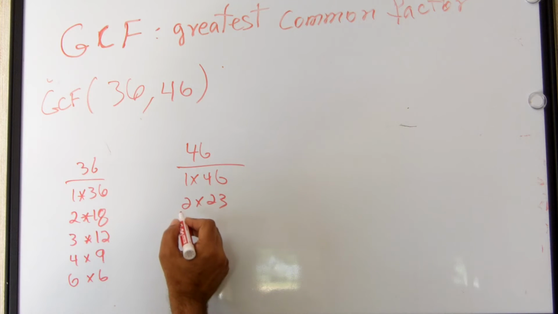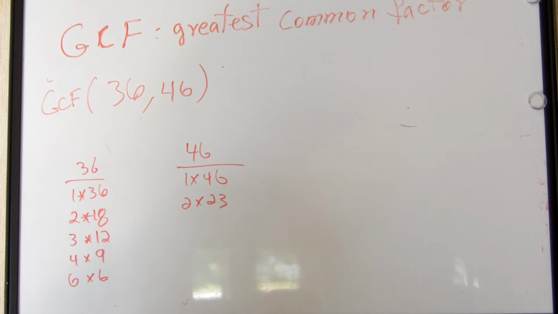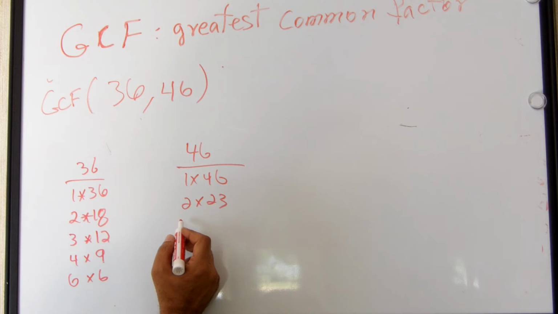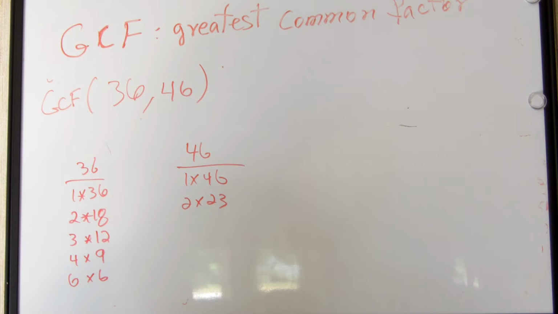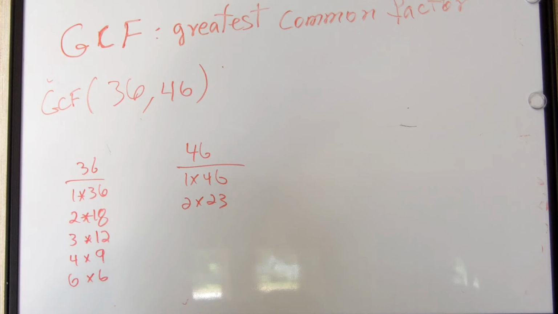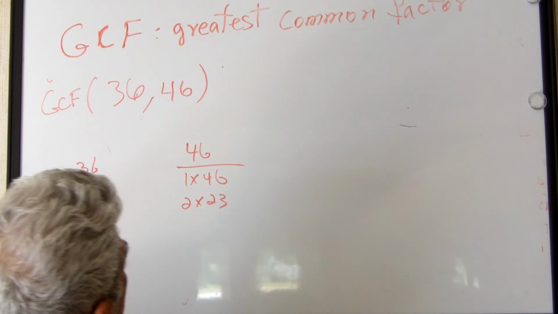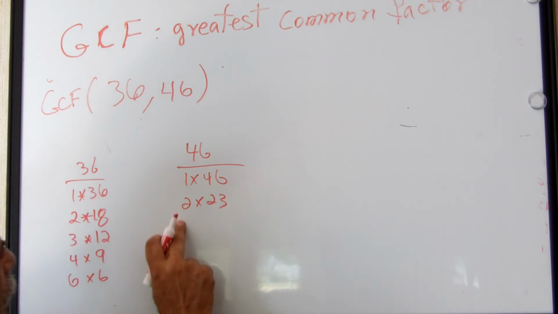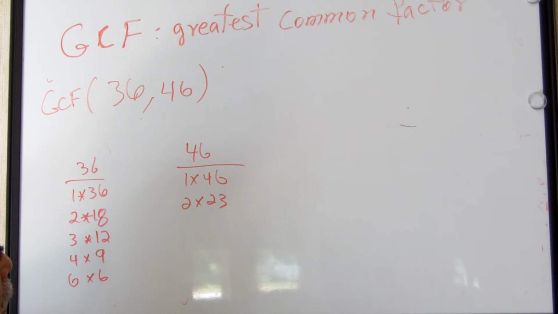Divided by 3 we cannot do, divided by 4 we cannot do, 5, 6, 7, 8, we cannot do anything more than that, because up to 46 we cannot find anything.